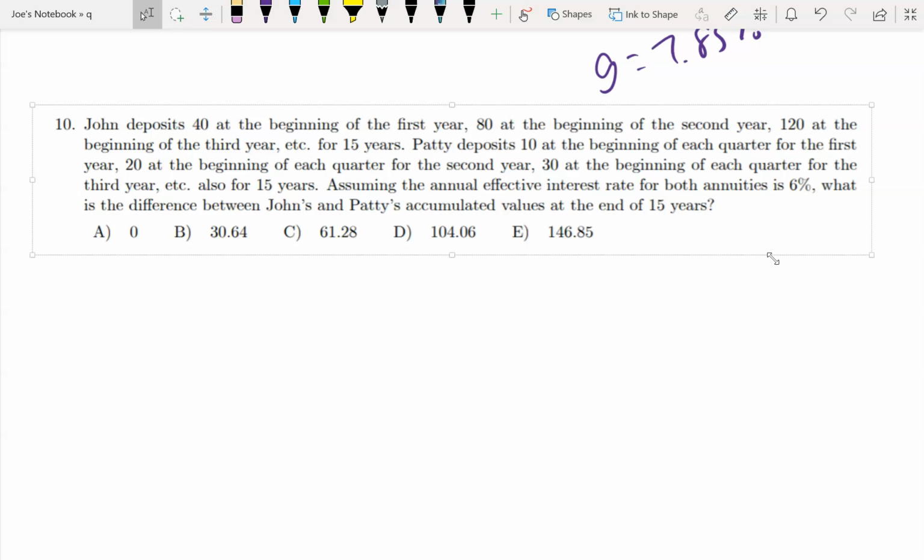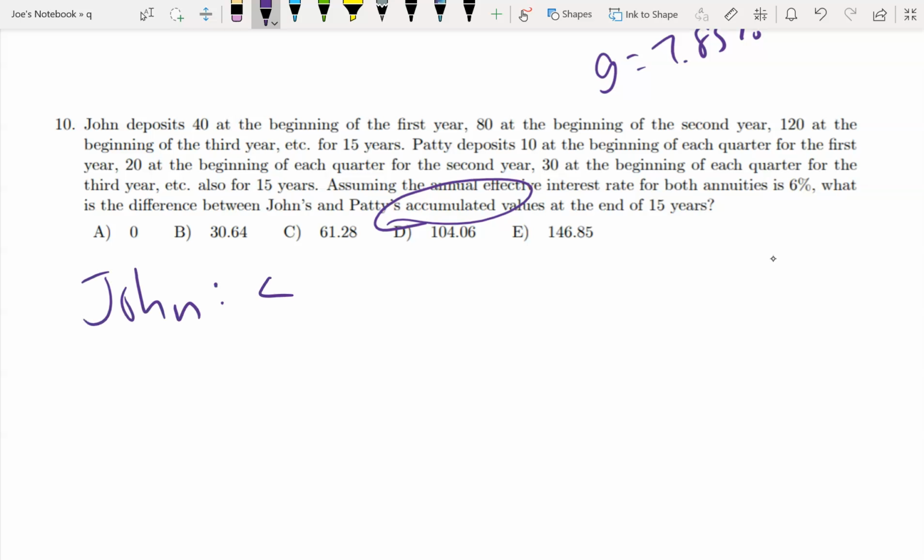And then what's the difference between accumulated values? That was another word that was hard to read. I did that twice. I accumulated, I did the beginning, yeah, the present value, yeah. So John's accumulated value is 40 IS double dot 15, right?